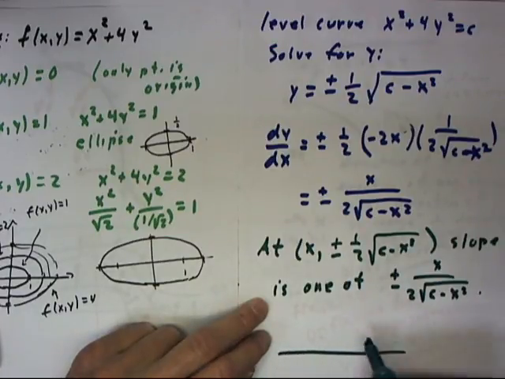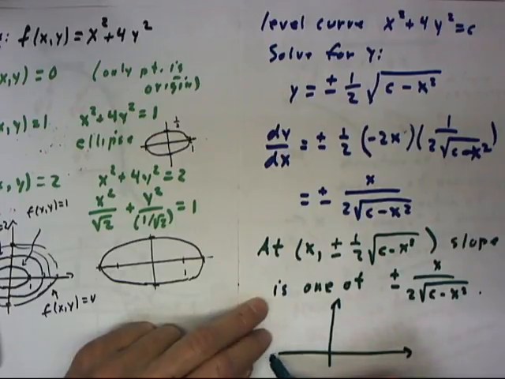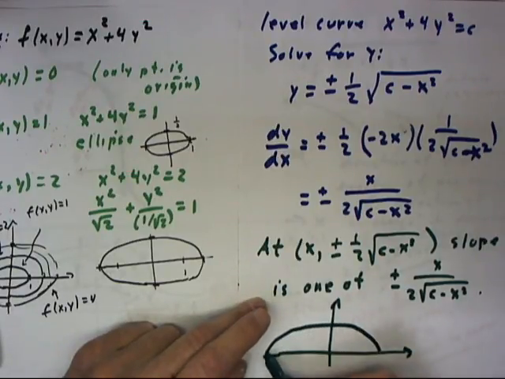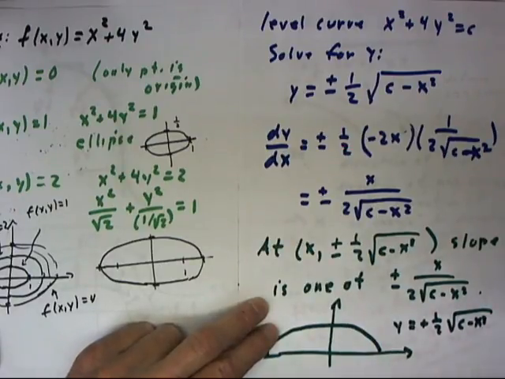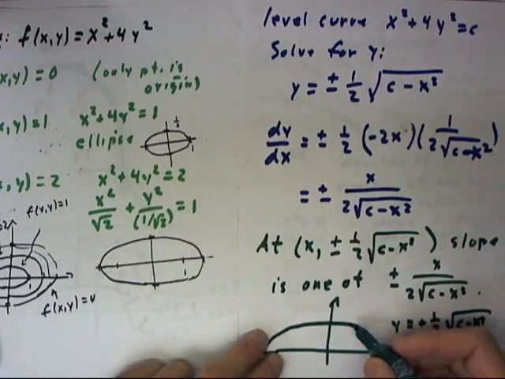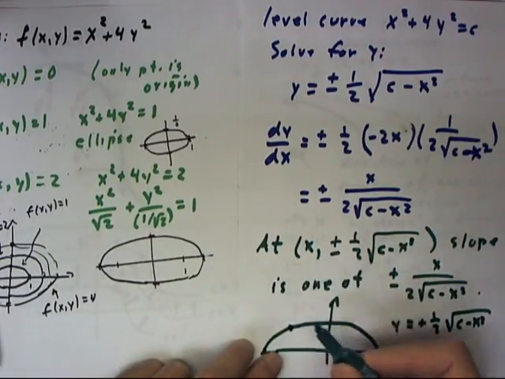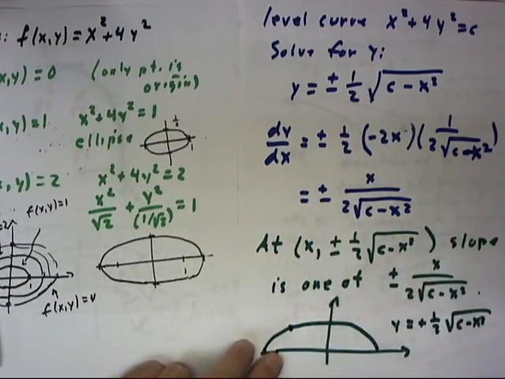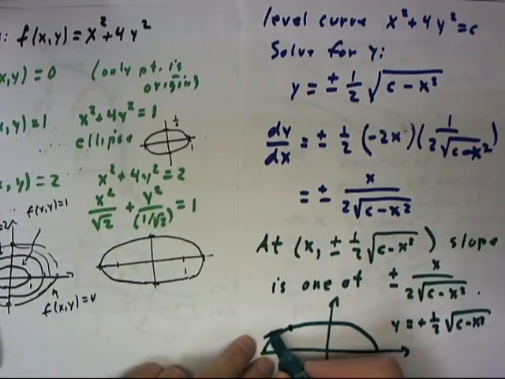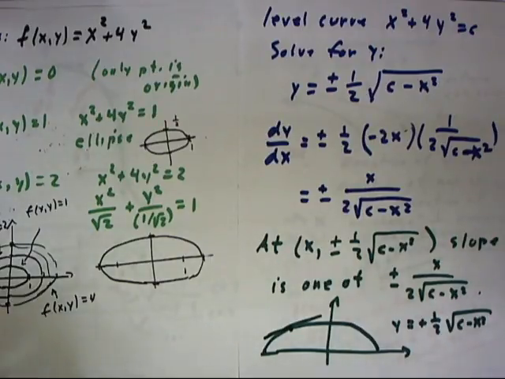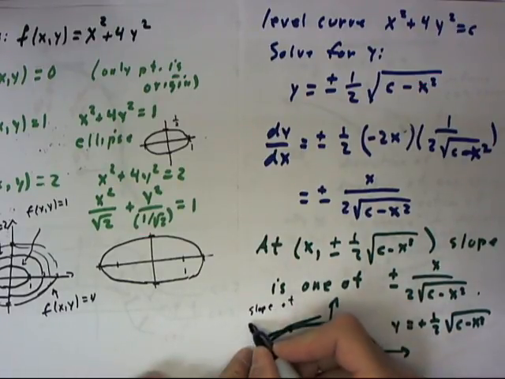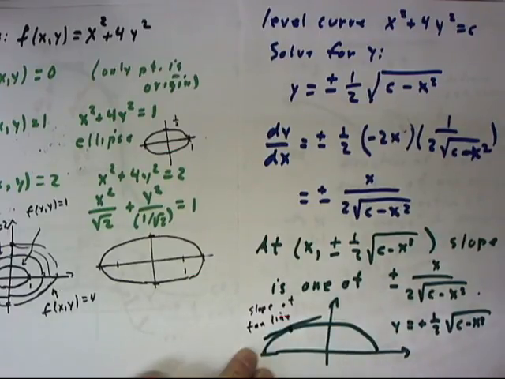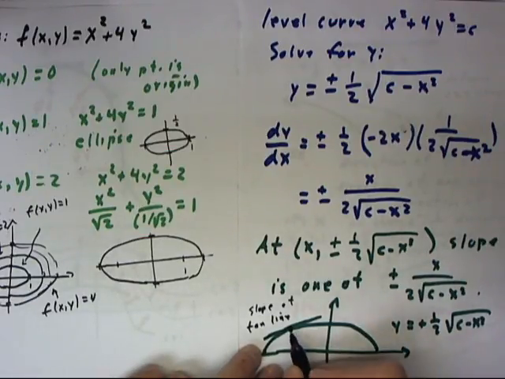This means, for example, if we're on the upper half of the curve, and that curve would be y equals plus 1/2 square root of c minus x squared, then at a point on that curve, and the point would be denoted x, in this case plus 1/2 square root of c minus x squared, the slope of the tangent line is, in this case we see that the slope is positive, so this corresponds to a negative value of x and a positive value of y.